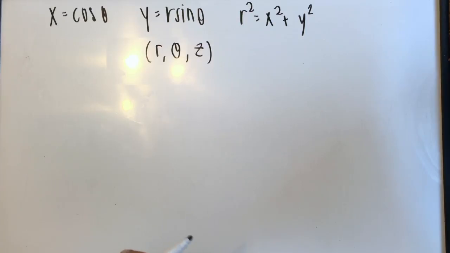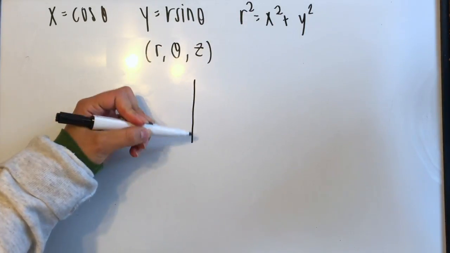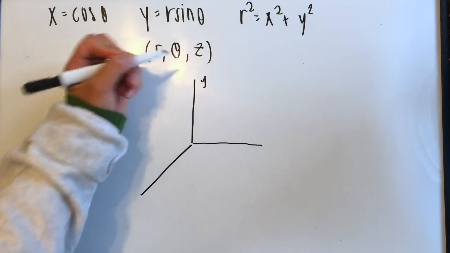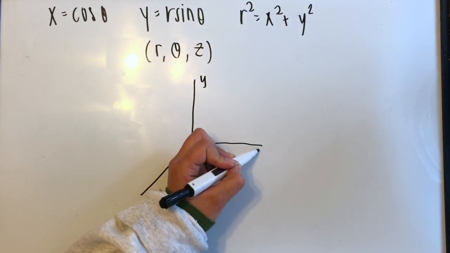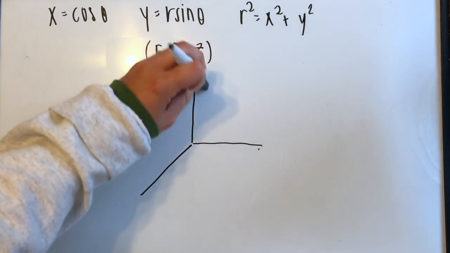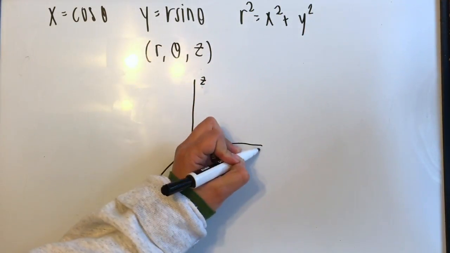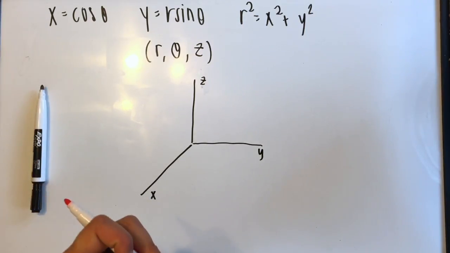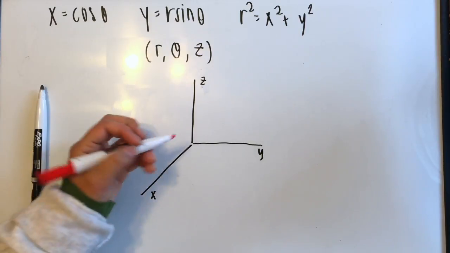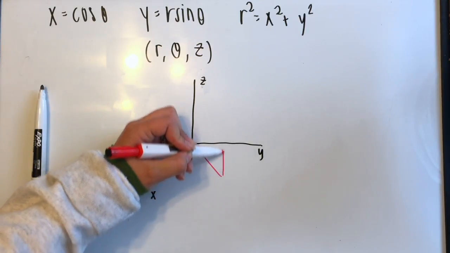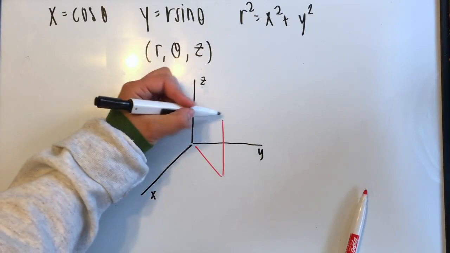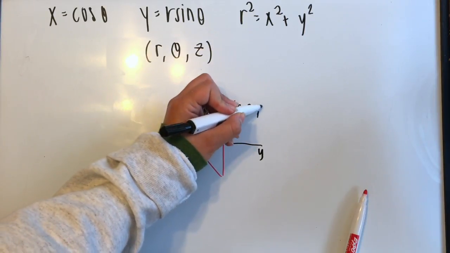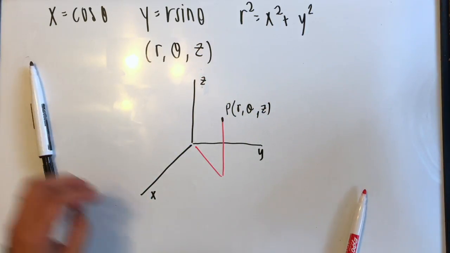Now, to all the visual learners like me, let's, oh, nope, that's not y. That's z, y, and x, right? So our point would be this. This is our point P, which would be in these coordinates.